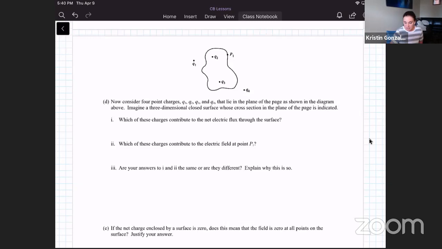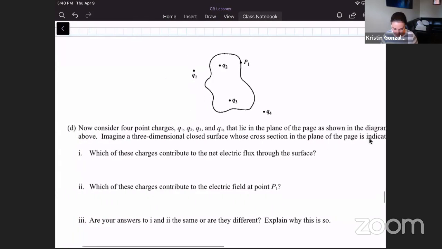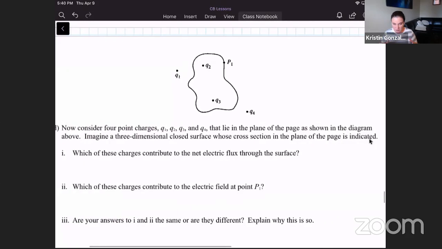If we have here 4 point charges, Q1, Q2, Q3, and Q4 in the plane of the page, and we want to imagine this three-dimensional closed surface, this kind of globby 3D surface that is shown in our diagram.